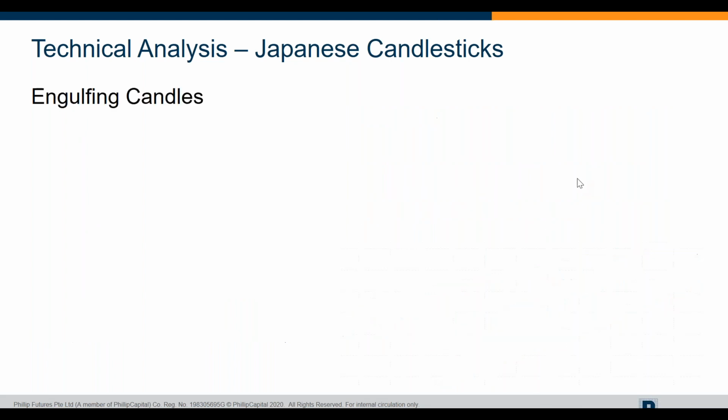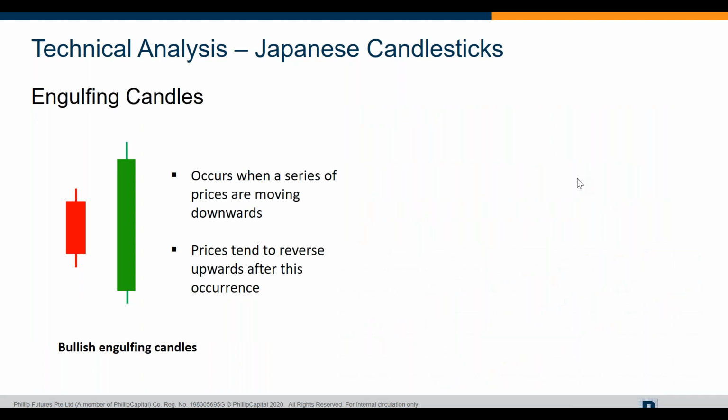Okay. So secondly, it is the engulfing candle. This candlestick pattern called the bullish engulfing candle occurs when a series of prices are moving downwards, and then there's this bullish engulfing candle with these two candles. It means that the price tends to reverse after its occurrence.